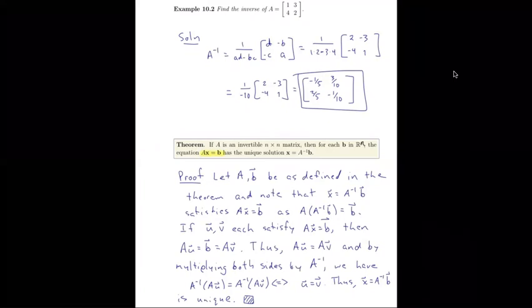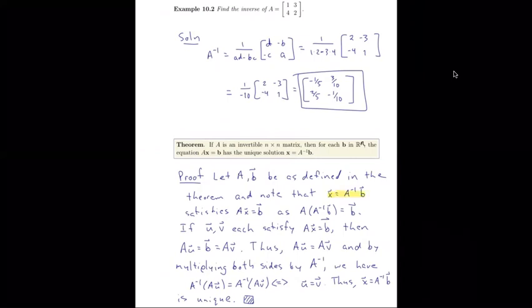What we end up with is x on the left-hand side, because A inverse times A cancels, and we have A inverse times b on the right. So if we let A and b be as defined in the theorem, an n by n matrix such that Ax equals b has a solution, then we note that x equals A inverse b.